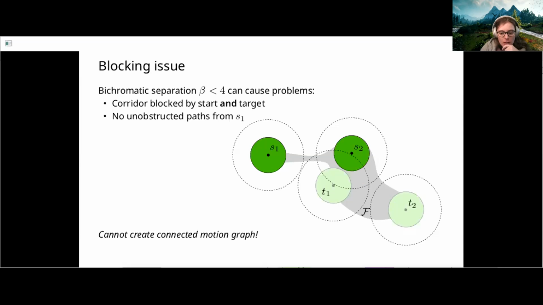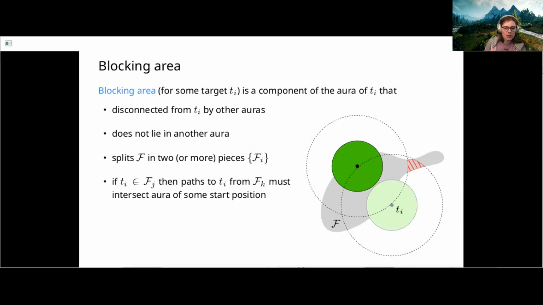Okay, so what we're going to do here is the following. We are going to define this blocking area. This is the bad part of a narrow corridor in the free space that blocks us from passing, let's say, from one corner of the free space into another. So a blocking area is defined for a target position.